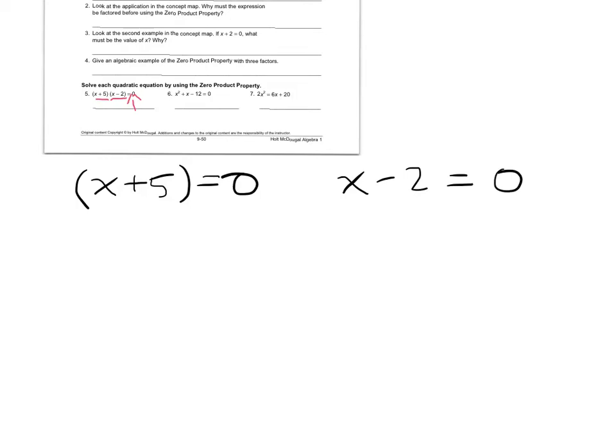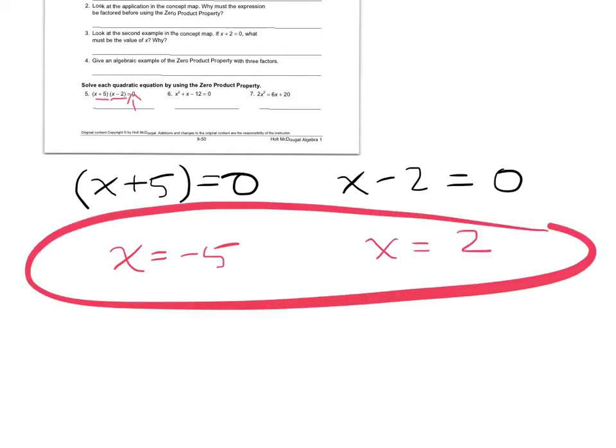So using what I know about the zero product property, I know that either x plus 5 has to be 0 or x minus 2 has to be 0. So if I solve those, I'll get x is negative 5 and x equals positive 2. That's my solution to that quadratic equation.